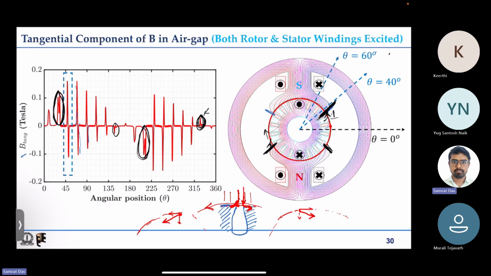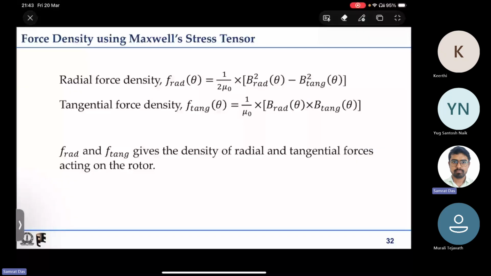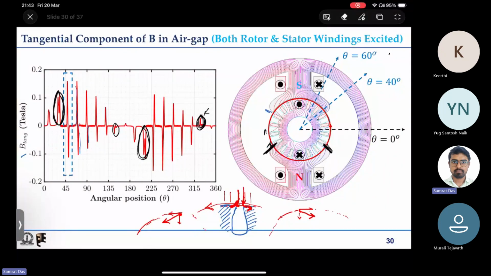So now I think you have a good enough understanding of how the tangential component of flux density behaves, and whatever I discussed now, we will take a zoomed in view and try to visualize that.